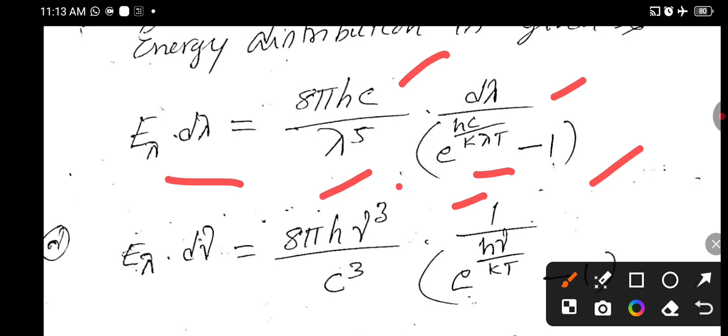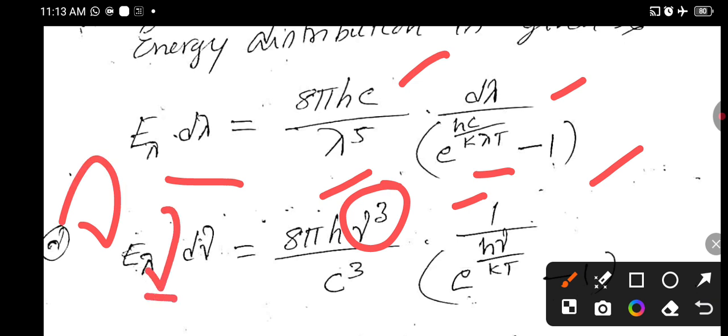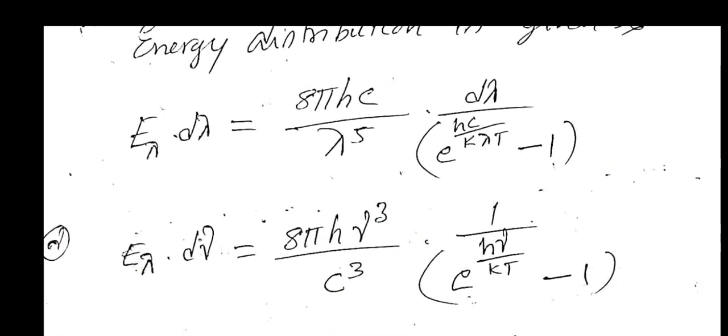And in terms of the frequency nu, E_nu d nu equals 8 pi h nu^3 by c^3 times 1 by e to the power of h nu by kT minus 1. These are the two different forms of Planck's radiation law, in terms of wavelength and in terms of frequency.